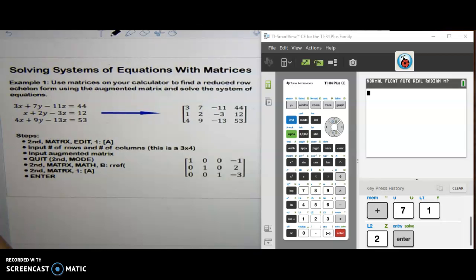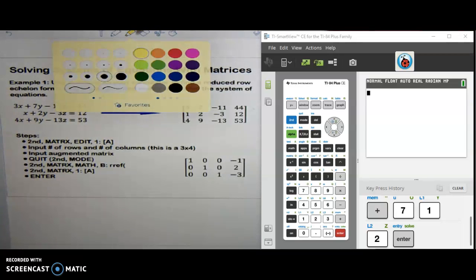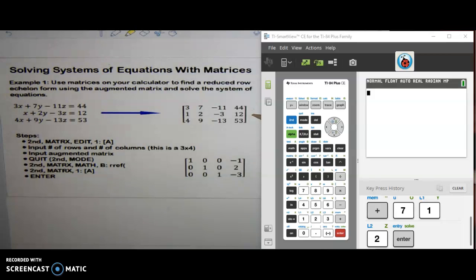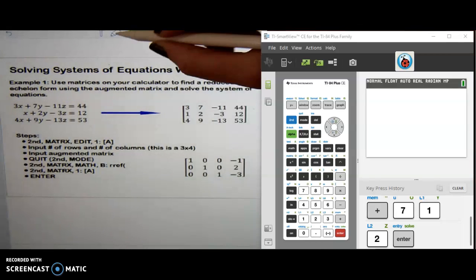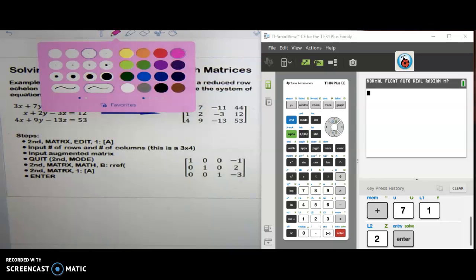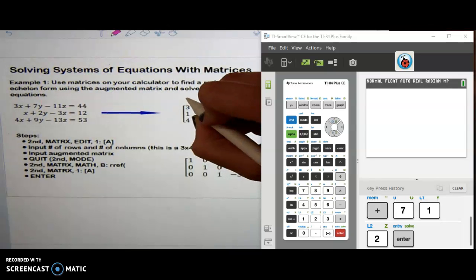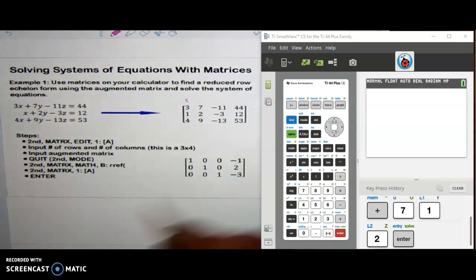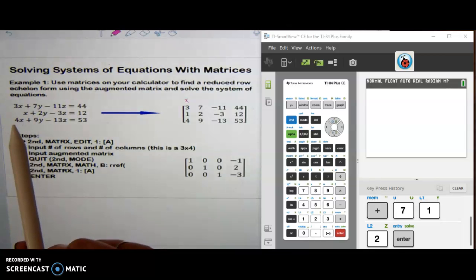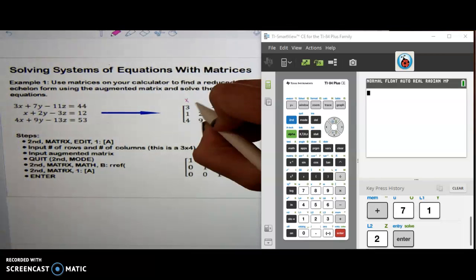So what you're going to do first, if they give you a system of equations, so they give you this system of equations here, you can transfer this into a matrix. So what you're going to do is you put all of the x values in the first column. So you can see I have a 3, I have a 1, and I have a 4. Second column, you have all of your y's.